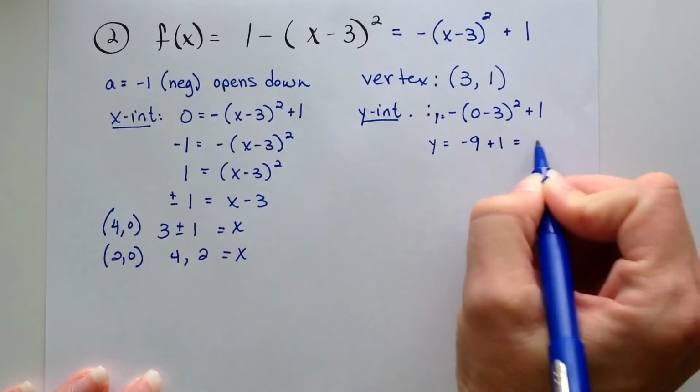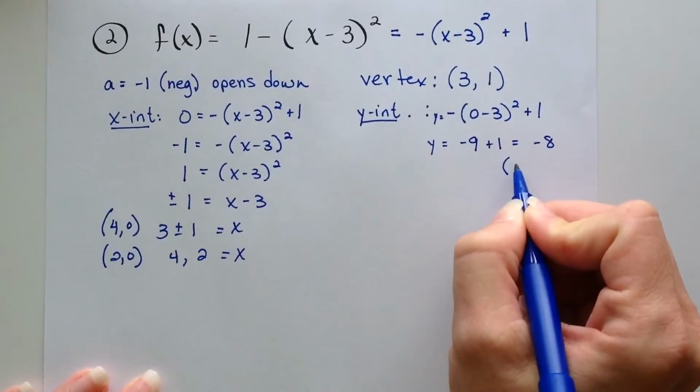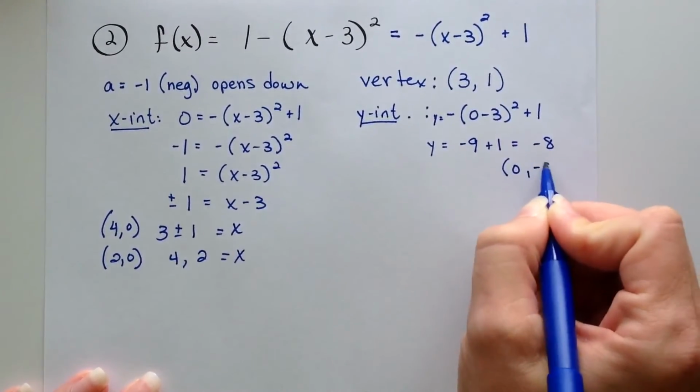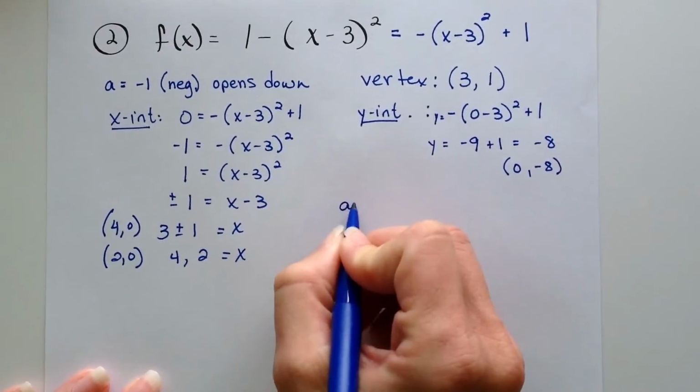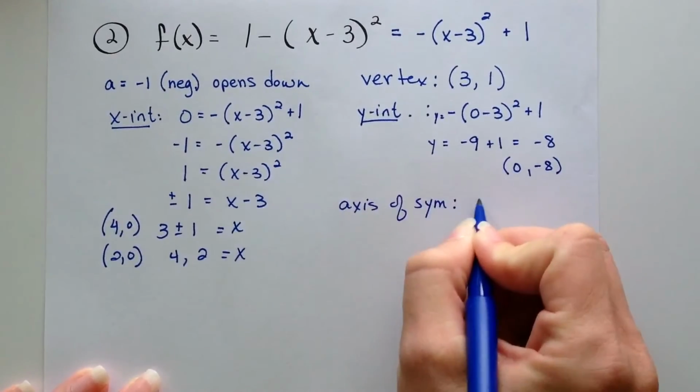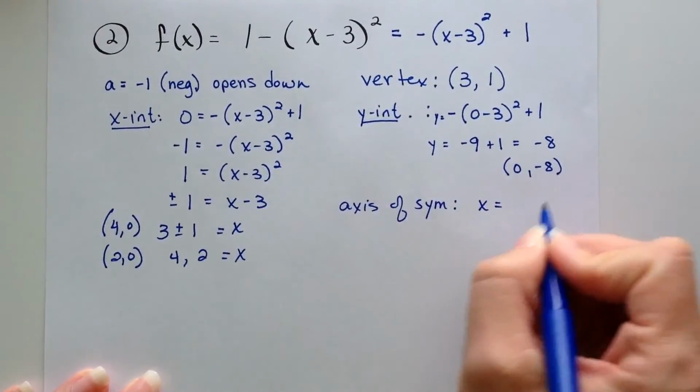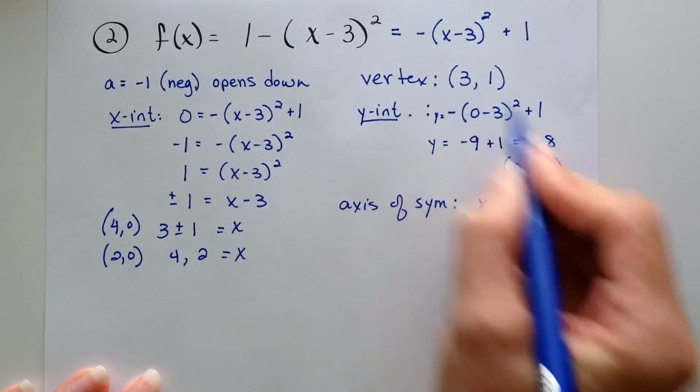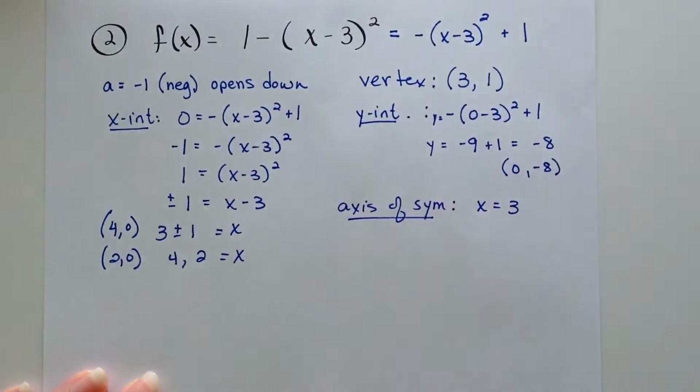Of course, plus 1 is -8, so our y-intercept is at (0, -8). And then our axis of symmetry is a vertical line, and again it goes through the vertex, so it would have to be x equals 3.